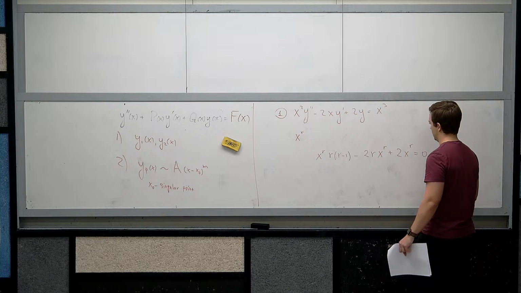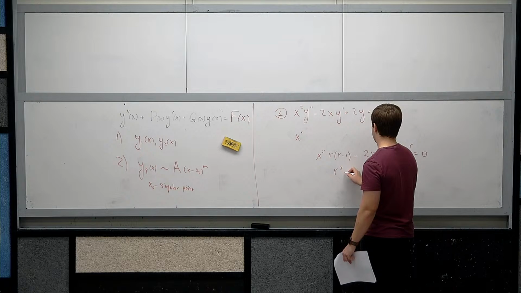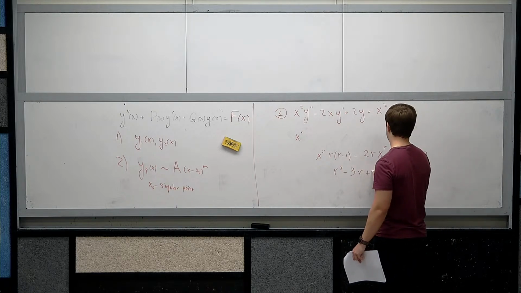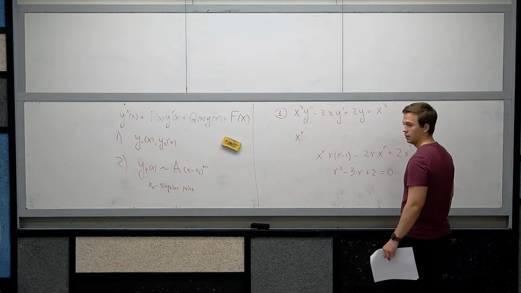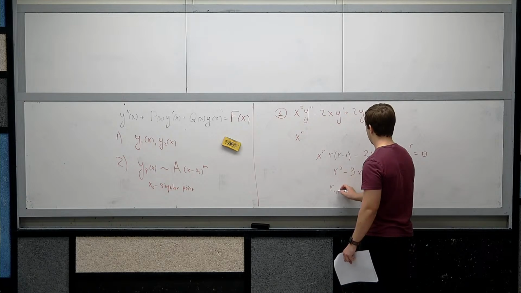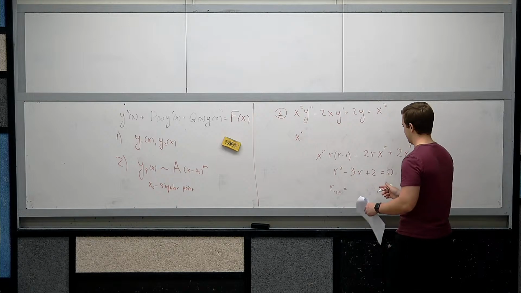So then we have r squared minus 3r plus 2, and the roots of this quadratic equation are 1 and 2.